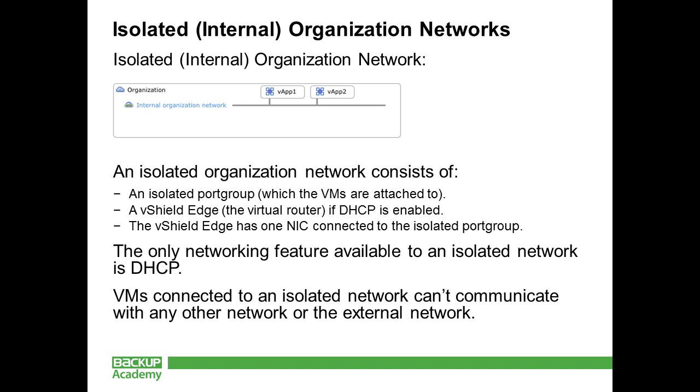This is a very similar situation. The one thing to bear in mind is the only networking feature available to an isolated network is DHCP, and any VMs connected to an isolated network cannot communicate with anything externally available to the cloud. It's purely isolated.